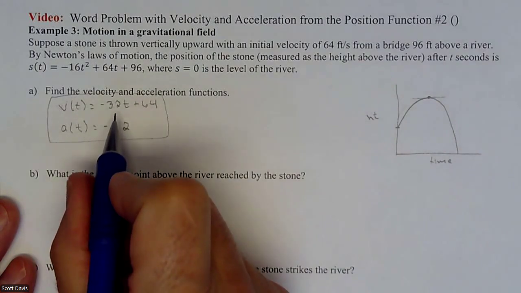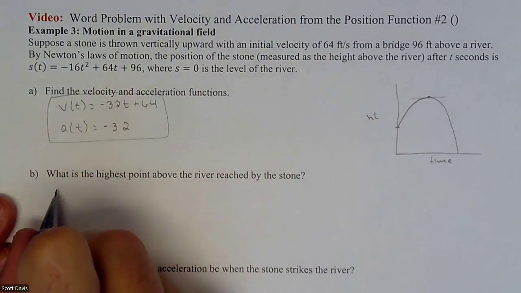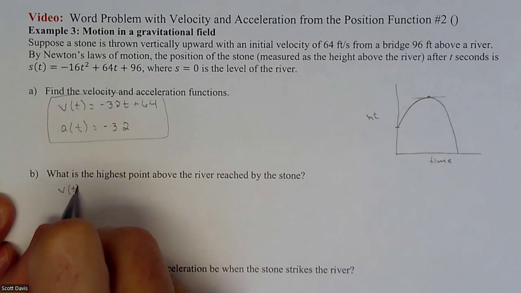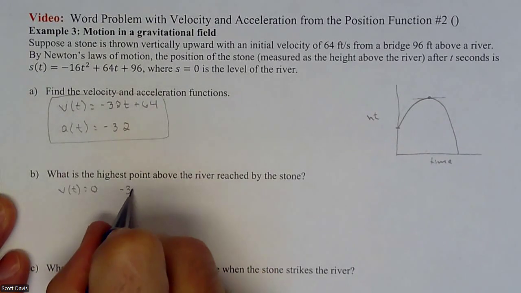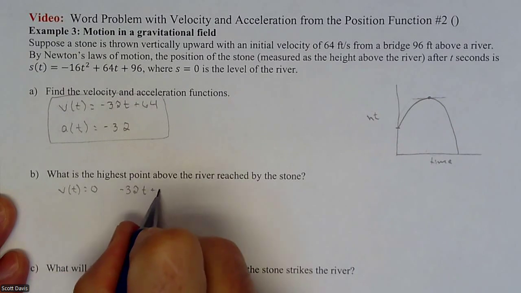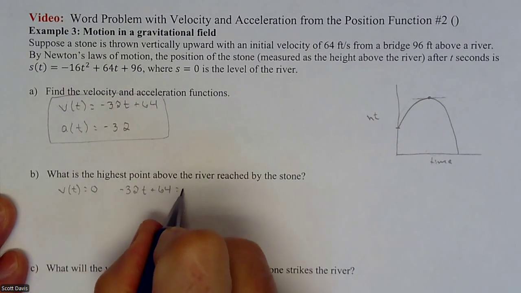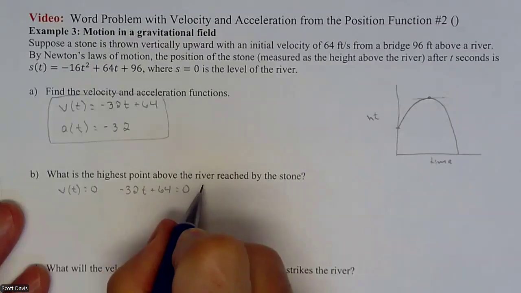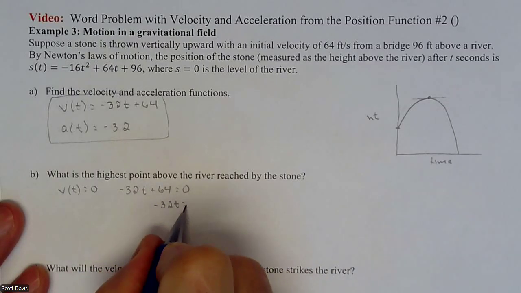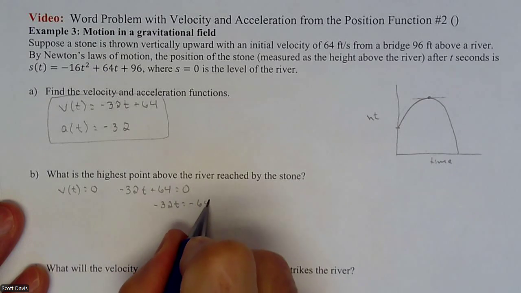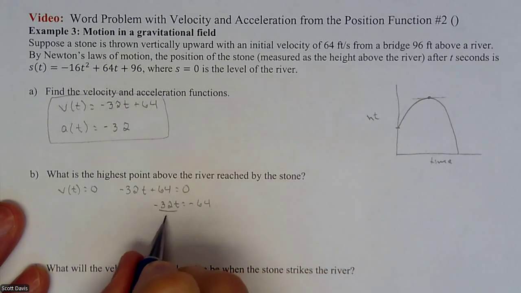So then we can take our velocity equation and set it equal to 0. So negative 32t plus 64 equals 0. We'll subtract the 64 over, so we'll have negative 32t equals negative 64. We'll divide by that negative 32.